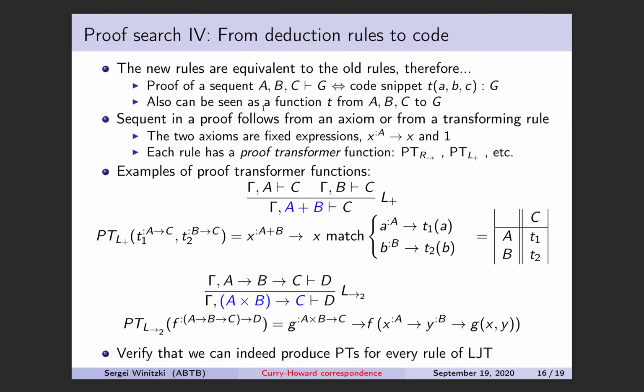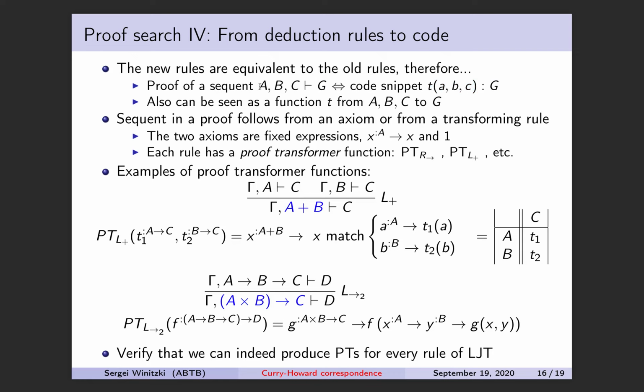And so how do we find code? Well, we need to translate sequents into code snippets. And the code snippets are expressions of type G that use values of types A, B, and C. So this snippet does not define A, B, and C. It uses them, and they should be defined before.